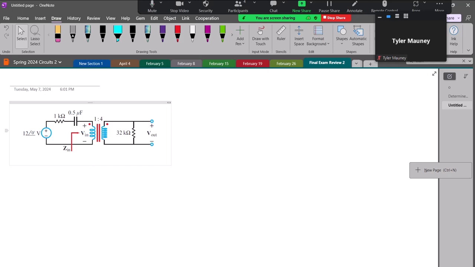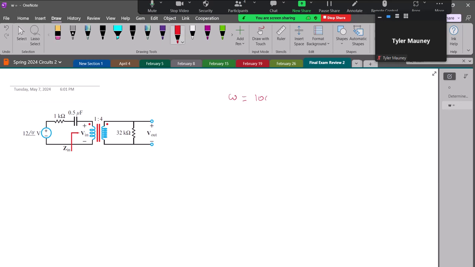So we do need to know that omega is 1,000 radians per second, which I think I did not put on the handout. Did I give directions to this problem, or did I just put the circuit? Okay, you do need to know that omega is 1,000 radians per second.